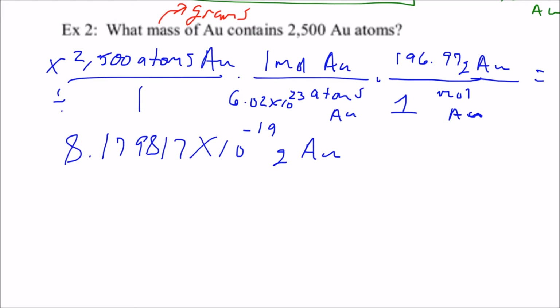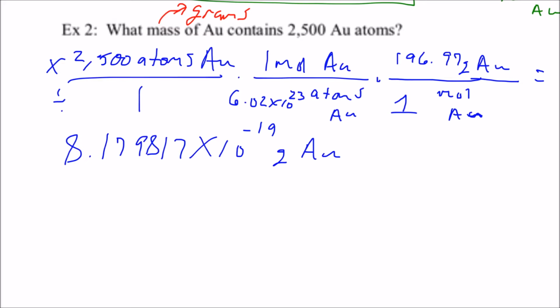Now we need to do sig figs. How many sig figs does this number have in it? Okay, there's no decimal in the number, so we're going to start on the right hand side, find the first non-zero digit, which would be 5, count that and everything after it. So there's 2 sig figs in that number, so we can only have 2 sig figs in this number.